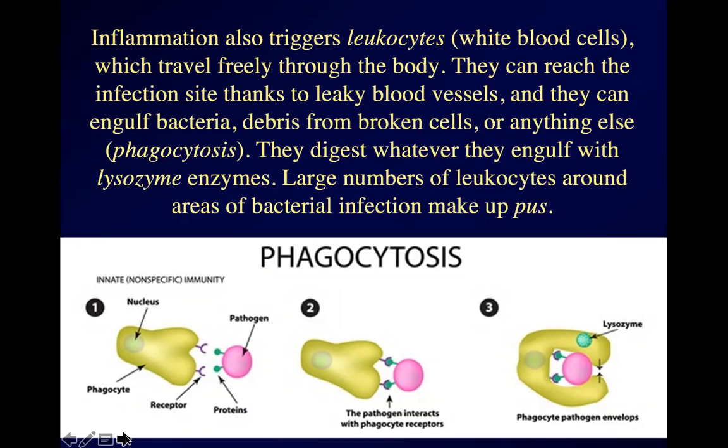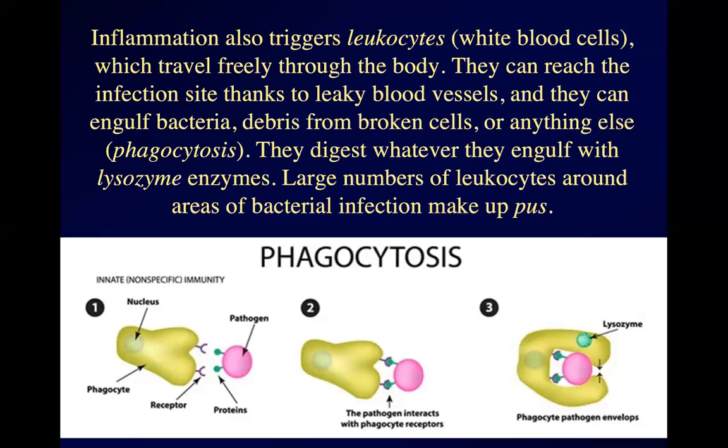I should mention phagane happens to be Greek for to eat, and cyto means a cell. So phagocytosis just means cell eating. And you can see a diagram of it down there below. A leukocyte will just crawl up to a little bacterium or whatever it is and extend some extensions of the cell called pseudopods and just wrap it around completely.